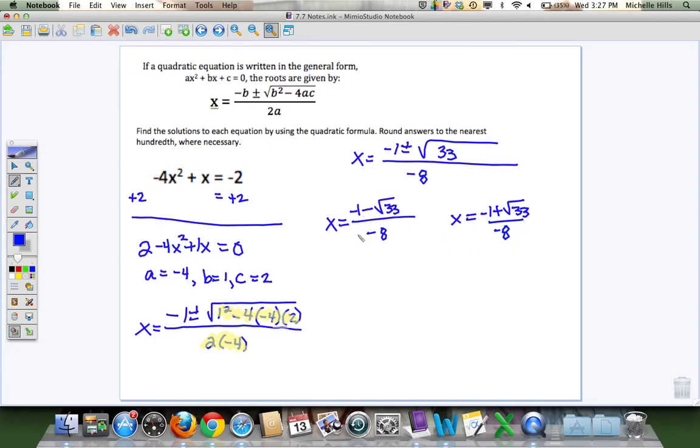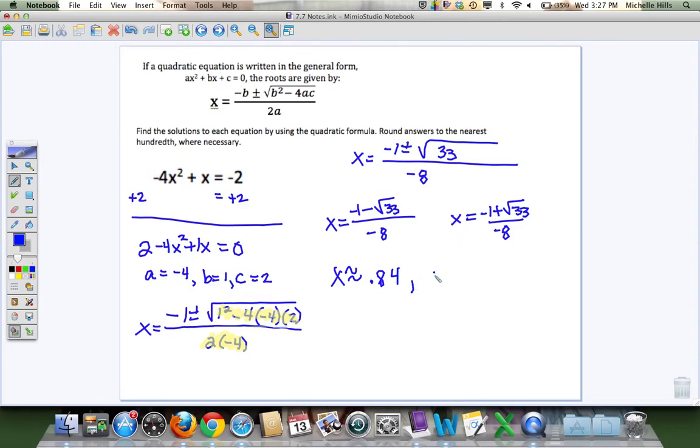At this point, put this in your calculator, and you have to be careful. When you do this, you need to put negative 1 minus the square root of 33 and hit equals before you divide by negative 8. So in this case, the x is approximately equal to, which is why I'm doing that squiggly equals, 0.84.